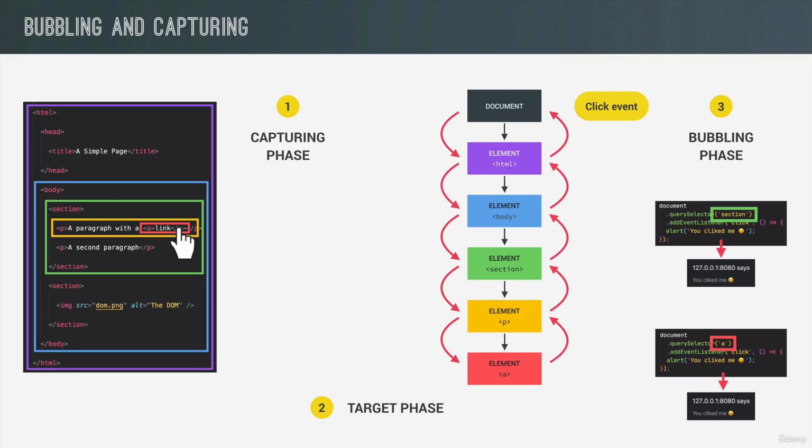Now, by default, events can only be handled in the target and in the bubbling phase. However, we can set up event listeners in a way that they listen to events in the capturing phase instead. Also, actually, not all types of events do have a capturing and bubbling phase. Some of them are created right on the target element, and so we can only handle them there.